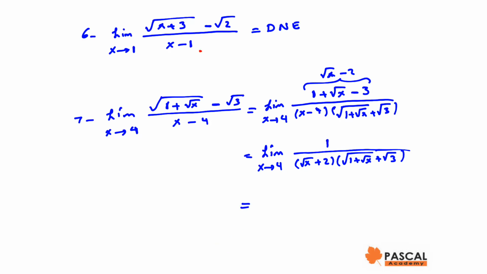This limit equals 1 over 4 times 2 root 3, which is 1 over 8 root 3.